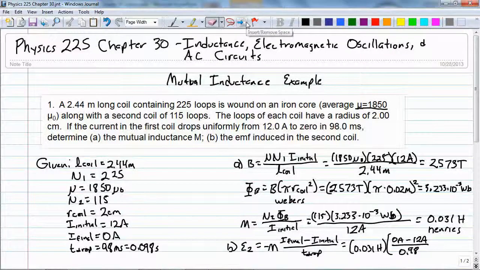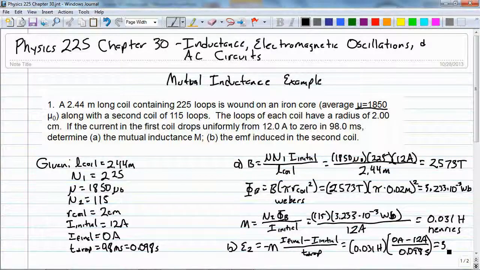That's going to be, forgot a 0, seconds. And that gives me an induced voltage of 3.793 volts.